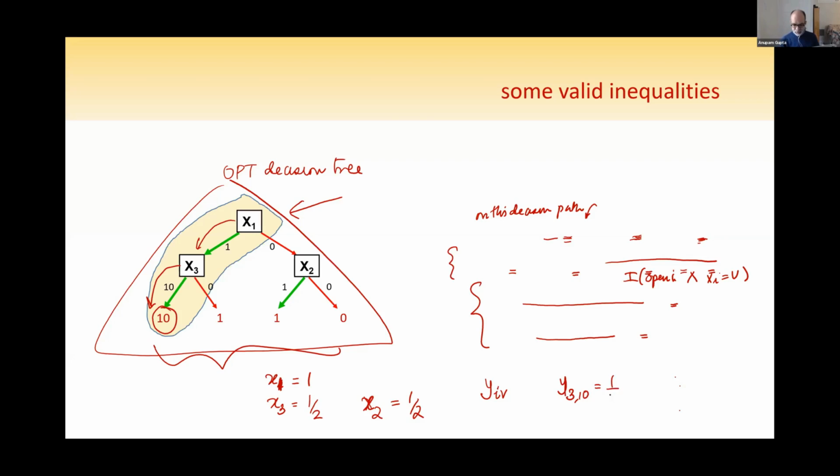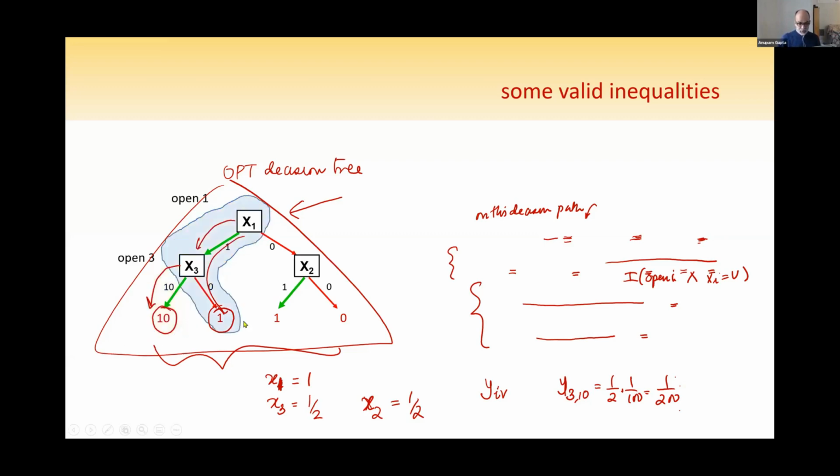So this is half times 1 over 100. And I'll choose x1 at value 1 if I came down this road. Actually, no, I came down only the left road.